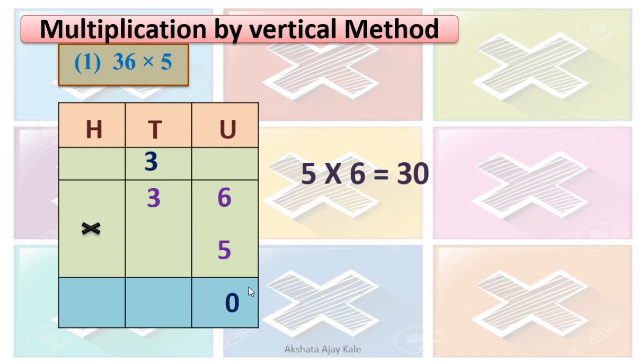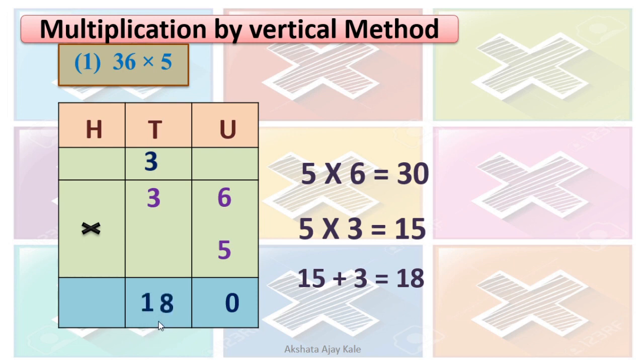Now the second step is 5 3s are how much? 15. 5 3s are 15 we got, and we have to add this 3 also. Correct? So 15 plus 3, that is 18. We will write here 18. No, right? 8 will remain here and 1 will move to the hundreds place.